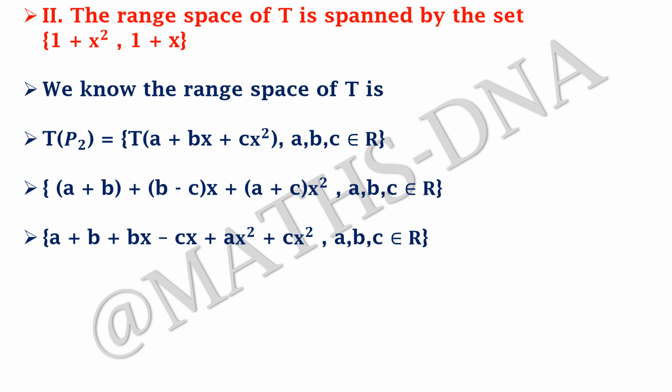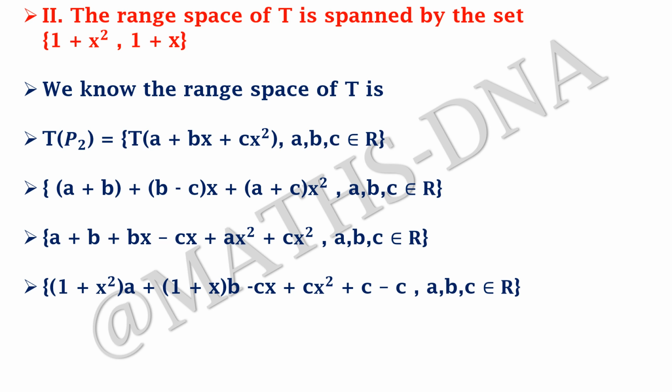That gives us A plus B plus Bx minus Cx plus Ax square plus Cx square for A, B and C belonging to R. Now taking the terms with A, B and C together, we get (1 plus x square) into A plus (1 plus x) into B.